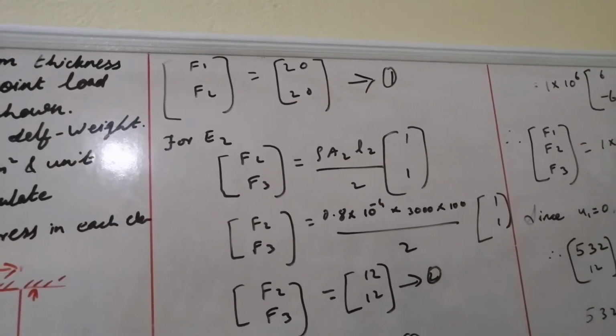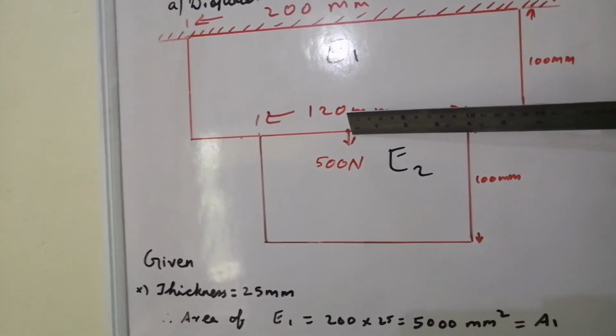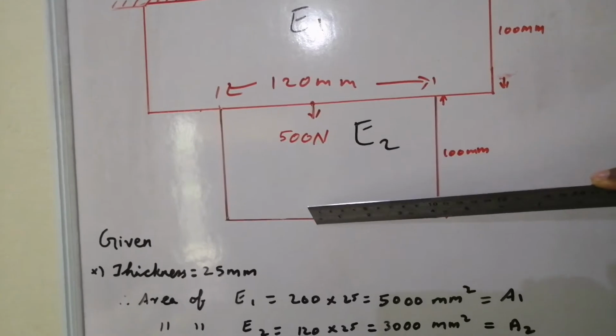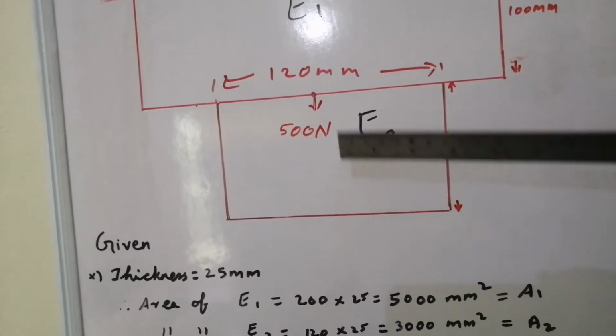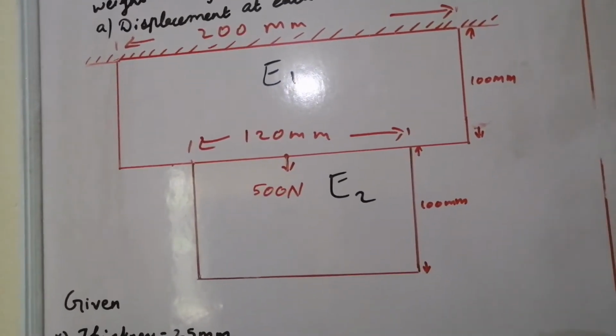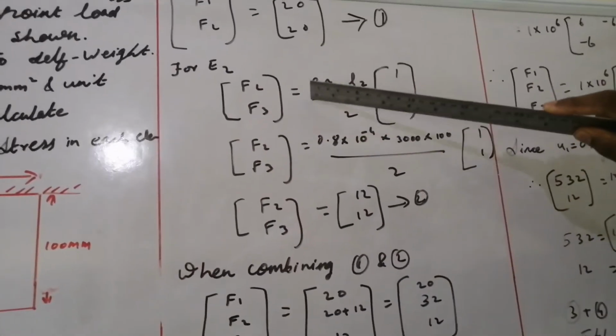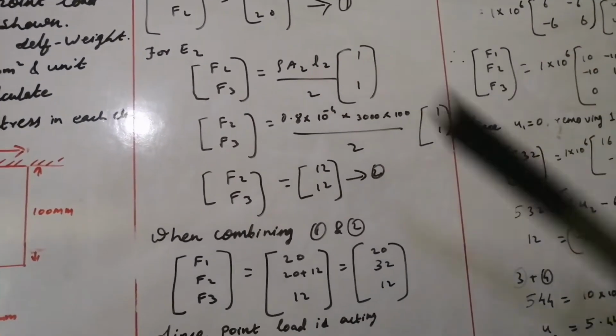Similarly, we find it for E2, that is element 2. In element 2, we will have the force vector F2 and F3, and similarly the displacement vector U2 and U3. So F2, F3 equals rho A2 L2 by 2 into [1 1].